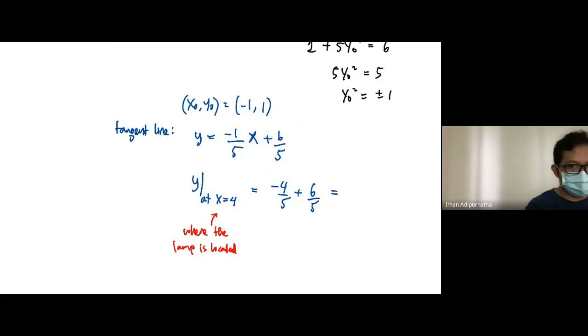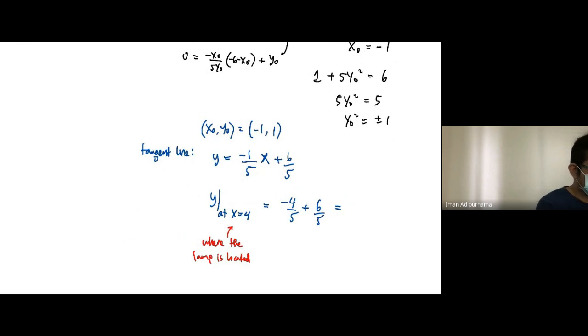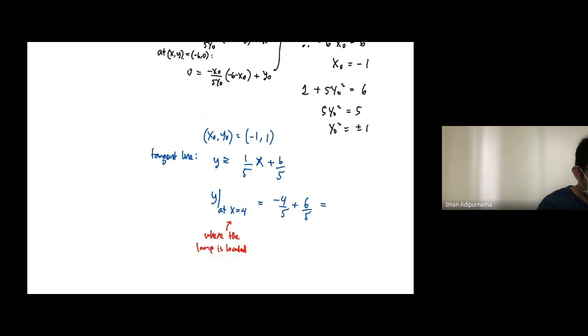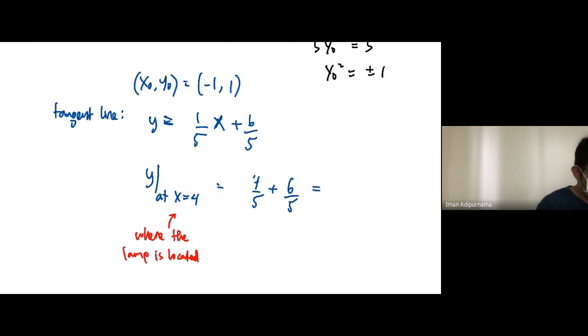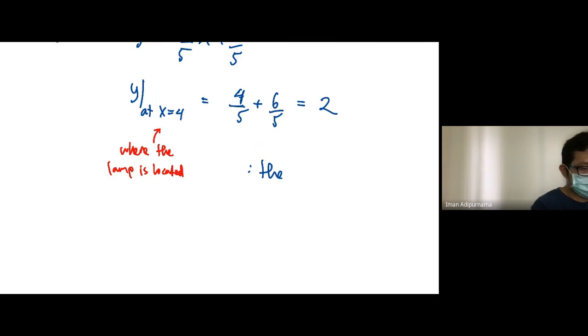It should be 10 over 5. Should be, oh, sorry, this is not negative. Because it's negative, negative should be positive, sorry. So at 4, it should be 2. So the height of the lamp should be 2 units from the x-axis.